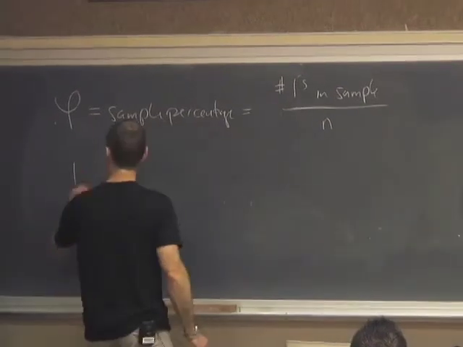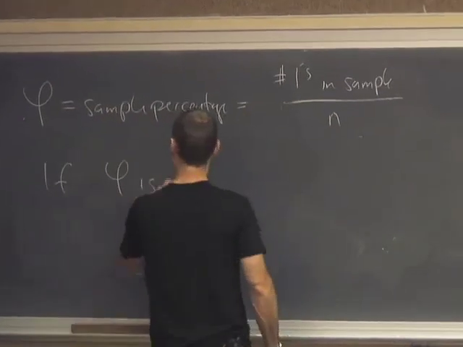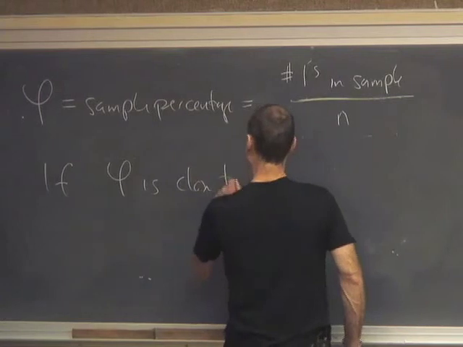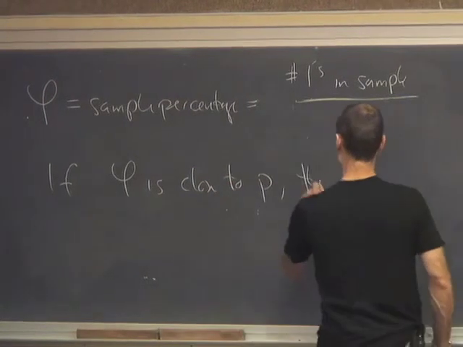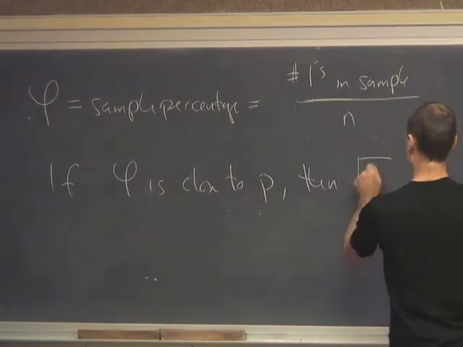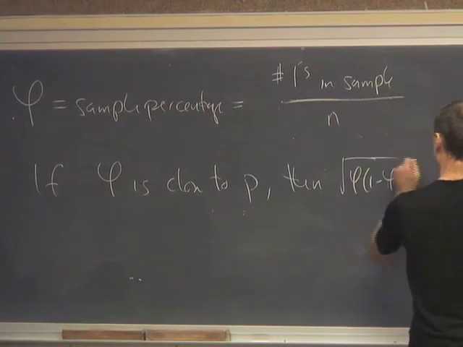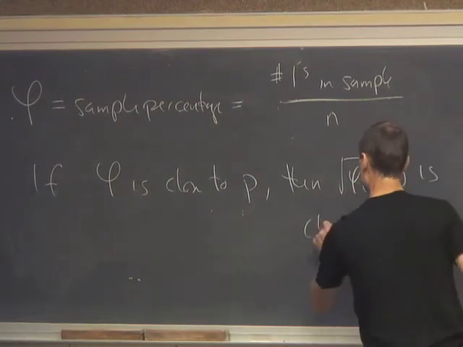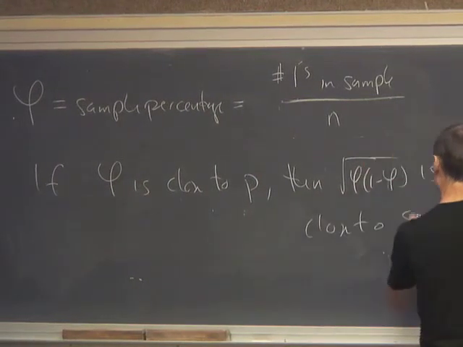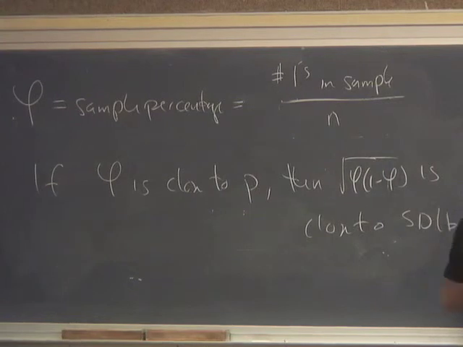And if phi is close to p, then the square root of phi times 1 minus phi is close to the SD of the box, right?